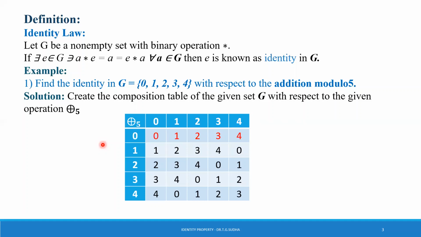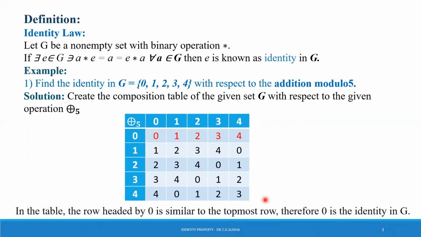When we look into the composition table, the row headed by 0, which is 0, 1, 2, 3, 4, is similar to the topmost row, that is 0, 1, 2, 3, 4. Therefore, 0 is the identity in G.